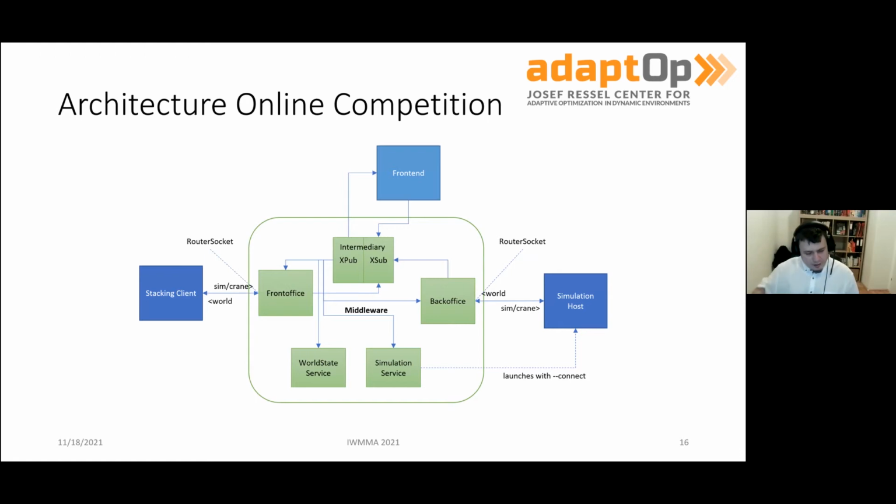Speaking of software architecture, static optimization problems are usually defined by some form of problem interface. Solution goes in, quality goes out. The type of dynamic optimization problem I'm talking about now is substantially more intricate when it comes to software engineering, because what you're essentially doing when you want to have both a visualization and the form of real-world coupling, you need to create some form of message passing middleware that communicates both with your client that builds and solves the optimization problem and emits suggested decisions, and the dynamic simulation, on the other hand, that receives and sends messages about the decisions that you want the simulation to perform and the overall world state.